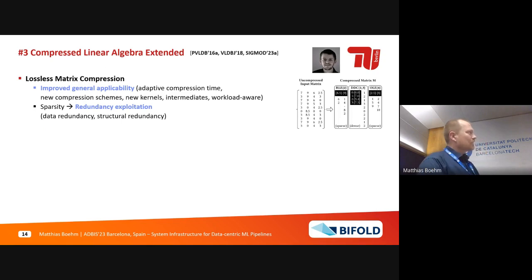The easiest way to visualize that is via simple techniques like DDC, which stands for dense dictionary coding. There, we encode the distinct values in a dictionary and encode every value as its position in the dictionary.